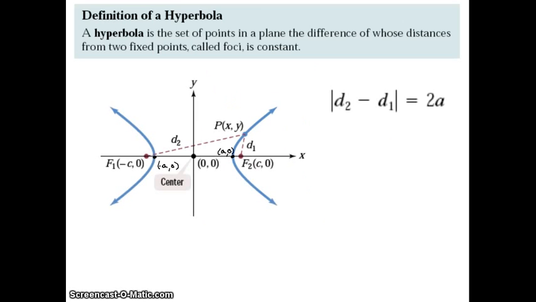Let's look at the definition. A hyperbola is the set of points in a plane, the difference of whose distances from two fixed points, called foci, is constant.